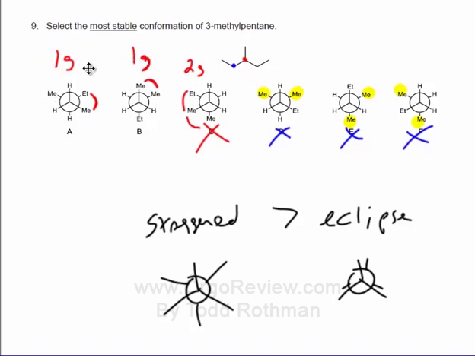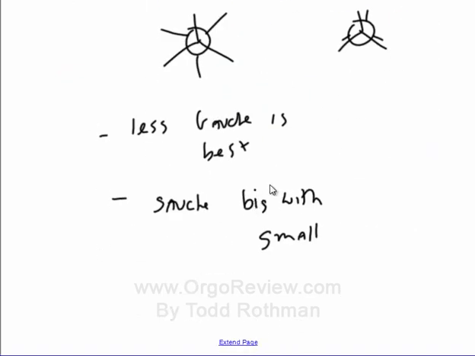But now, if you're going to have one gauche, should it be between a big and a small, or should it be between 2 small, right? Methyls are smaller than ethyl. So big with small? Well, actually, okay, or the other possible is small with small, right? I guess the way I wrote this is a little misleading.